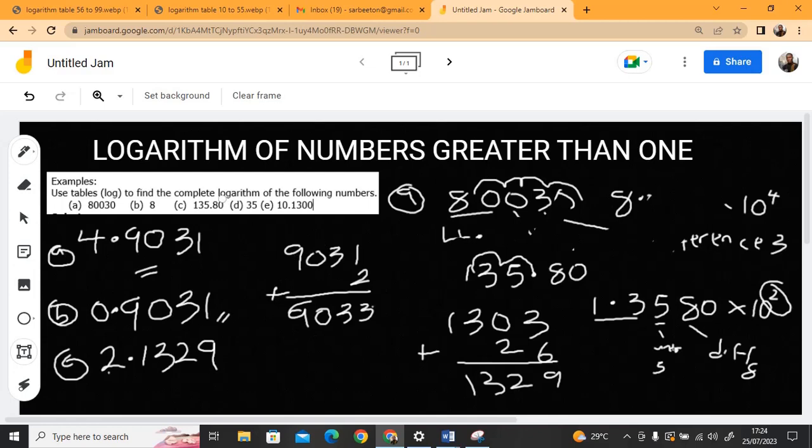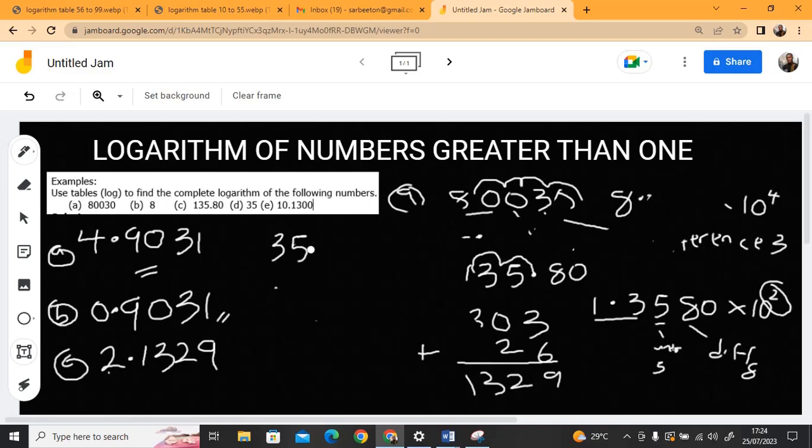Now the next one, 35. So to solve for 35, let me clean this. Sorry for this delay, no problem. Now we are going to solve for 35. If you master this thing, you don't need to go through all the stress of times 10.